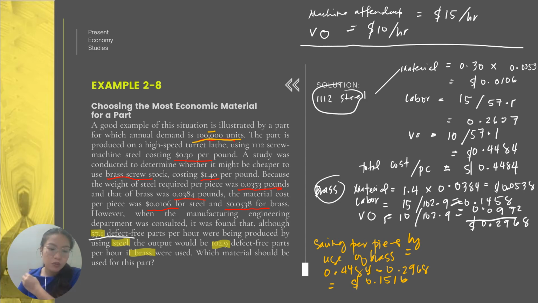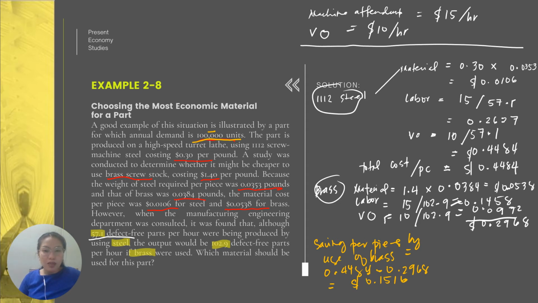And its use will produce a savings of 151.6 per thousand. Just multiply. Or a total of 15,160 for the year. It is also clear that the costs other than the cost of materials, such as labor and overhead, were important in this comparison. So that's example 2-8.